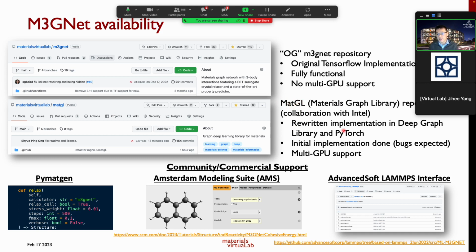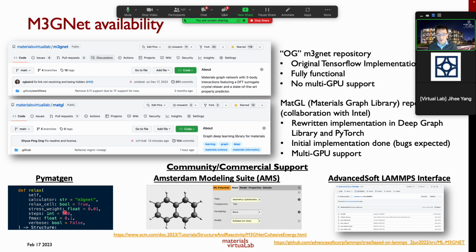We have completed the initial implementation for both the MEGNet and the M3GNet models. There is multi-GPU support, but it is of course still being tested. There might be bugs, okay, so I don't want to promise you that it is fully functional, but if any of you want to try it out, you can report any bugs to me, okay? And of course, because a lot of people in the community are extremely interested in M3GNet, people have started integrating it into various software, commercial or open source.